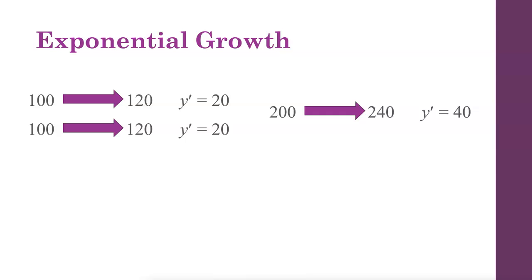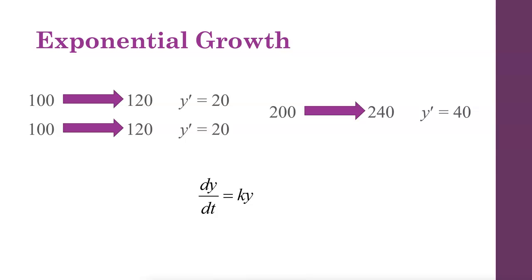So if we follow that reasoning, this implies that in this case, the rate of growth is always proportional to the population we started with. In other words, dy/dt is equal to some constant k multiplied by the size of that population.